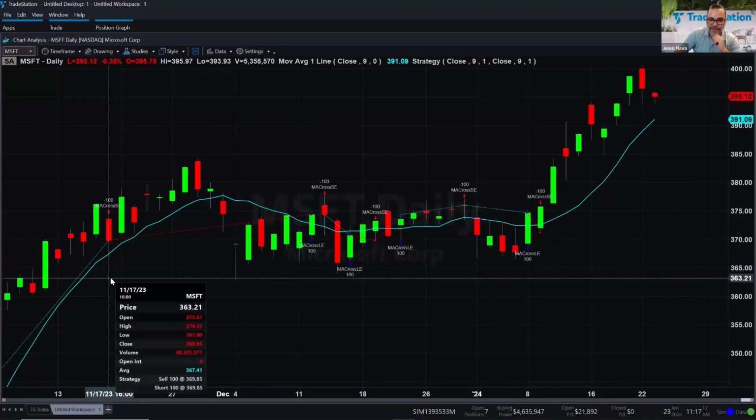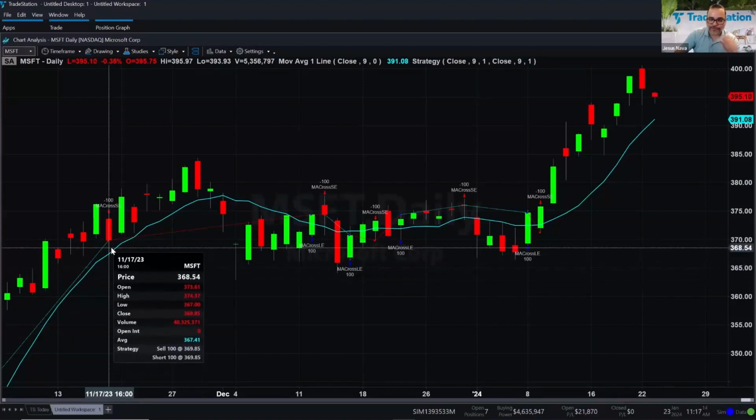Let me go ahead and click here and hold my mouse pointer. When you click on the background to get the data tips, and you put that vertical line where the strategy has that arrow, it'll tell you the details on the strategy right there at the bottom. Notice that it sold 100 shares at 369.85, and then it sold short 100 shares at 369.85.